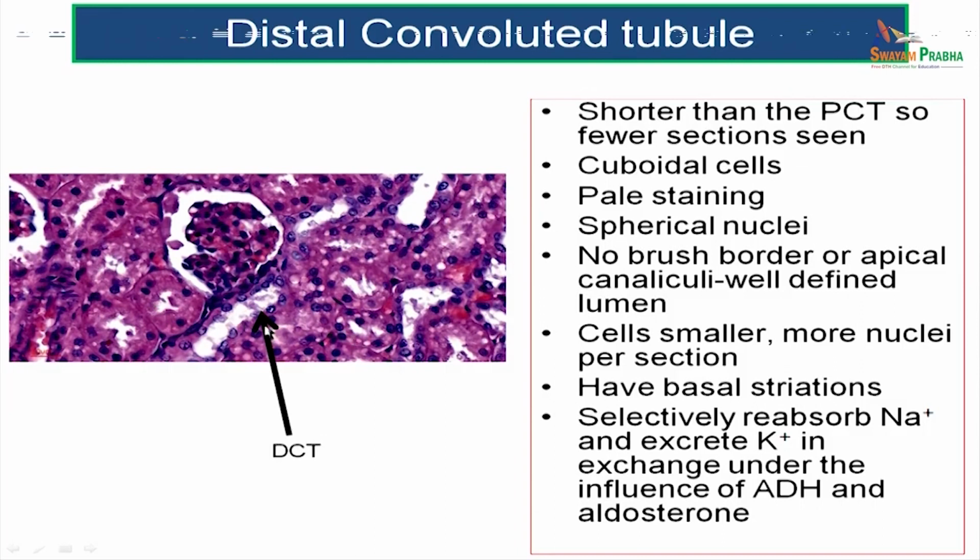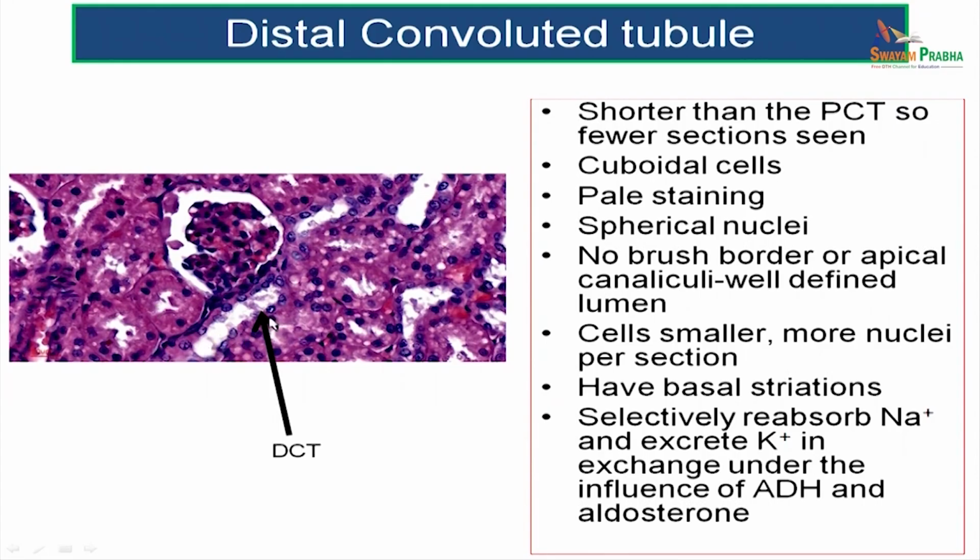So, in the histological section, how to identify distal convoluted tubule? The distal convoluted tubules are also lined by cuboidal cells, but they are paler staining as compared to the PCT, which is dark staining. They have spherical nuclei.